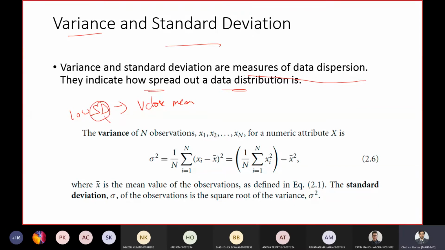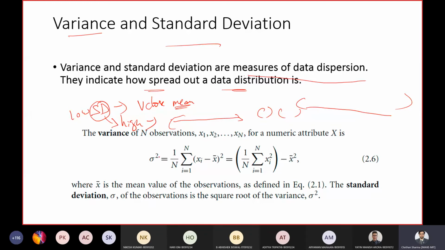If the standard deviation is very high, the data is spread out over a long range of values. You cannot say it lies in this part only or that part only. It might lie over a large range.